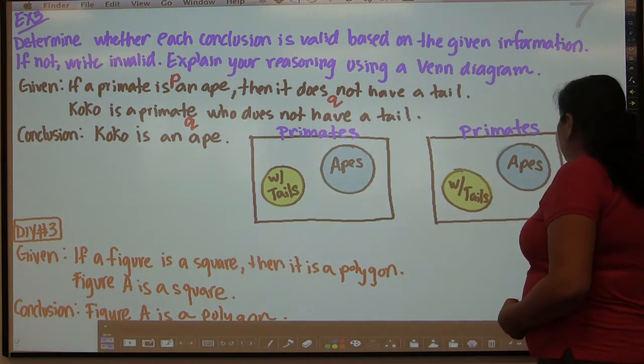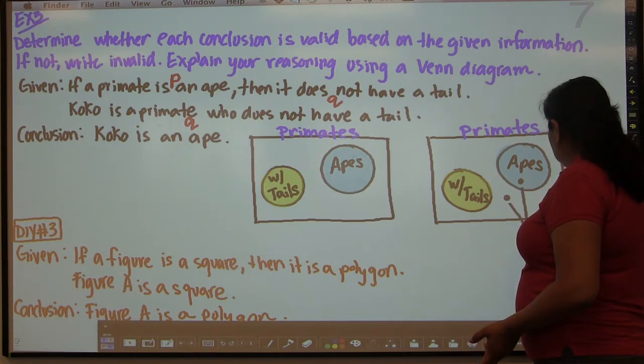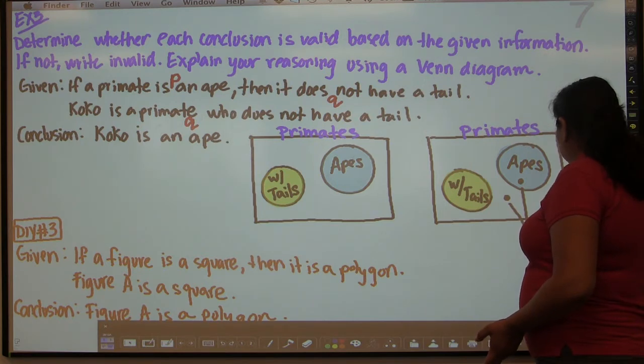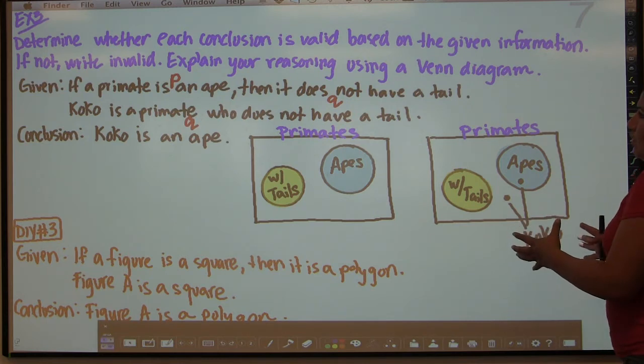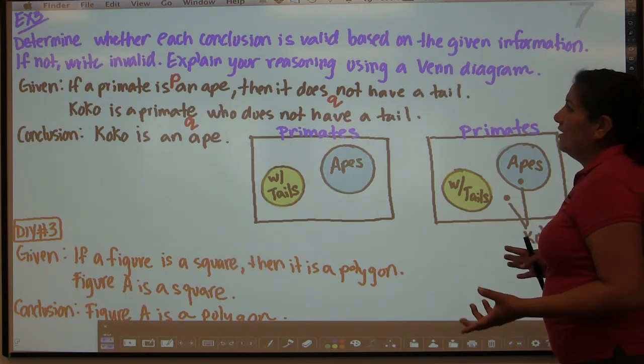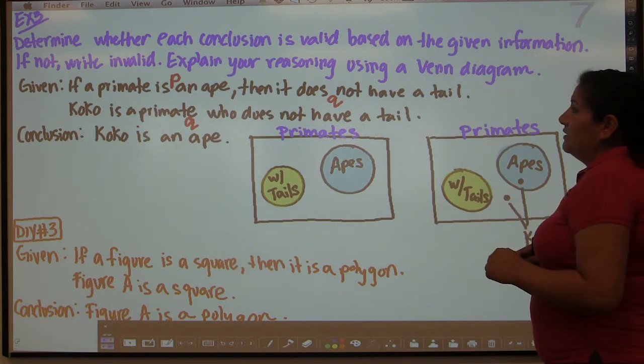And then, as far as over here, we actually have two possibilities that Coco could be. And this is how you could demonstrate that this is not valid, okay? Because according to the second part, Coco is a primate, so Coco is inside of the primate square.